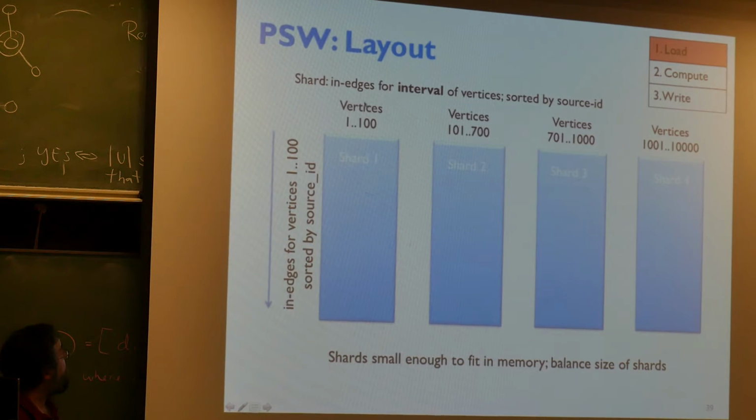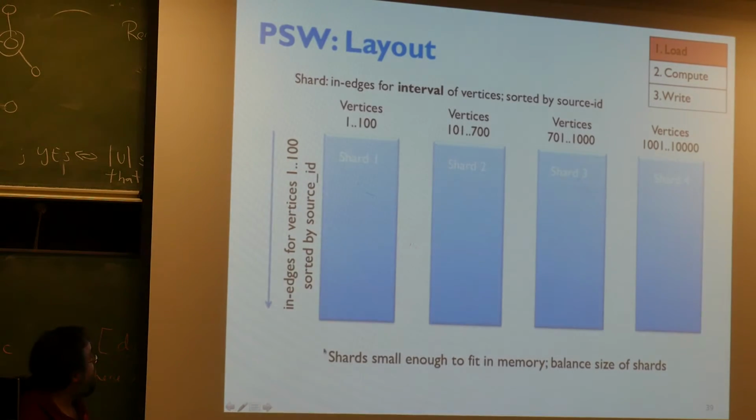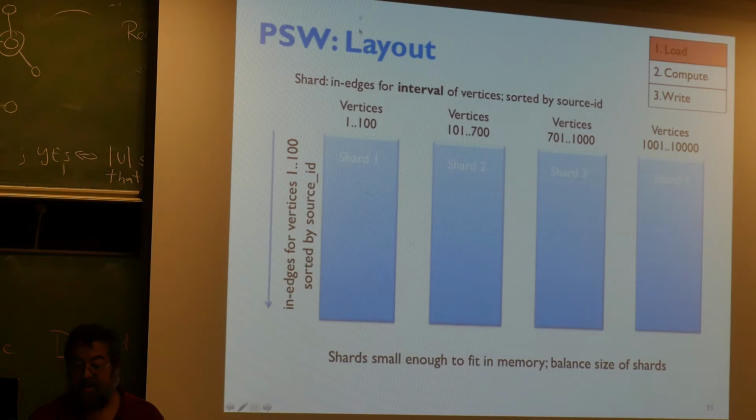Within each shard, I've got all the vertices and I've got all the incoming edges. All the incoming edges are stored along with a vertex in the shard. These edges are sorted not by what you'd think, which would be the destination ID.